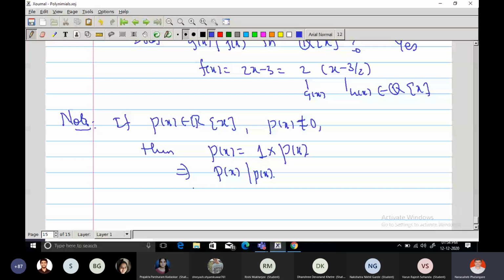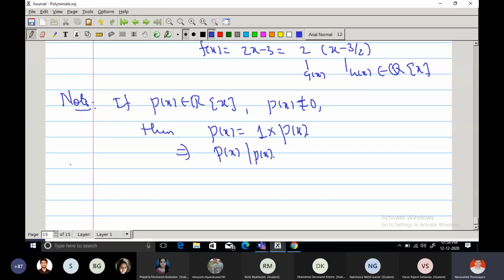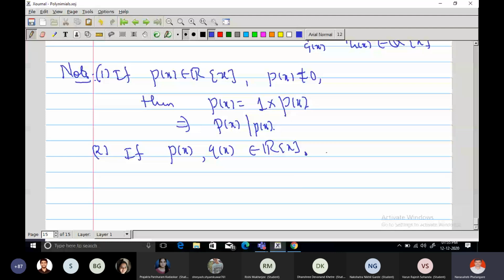Second point, if p(x) and q(x) are polynomials such that p(x) divides q(x), then there exists h(x) in R[x] such that q(x) is equal to h(x) times p(x).